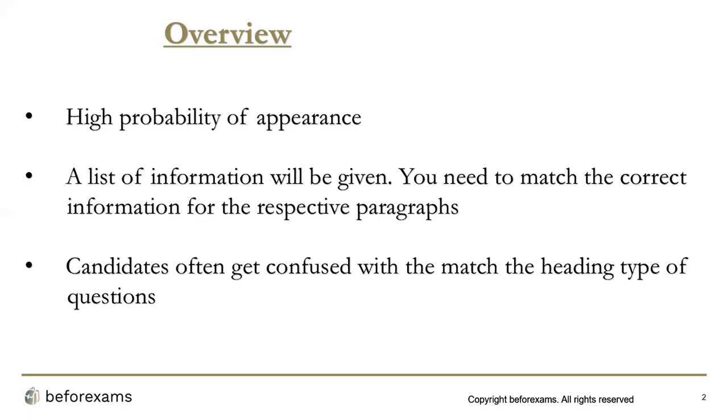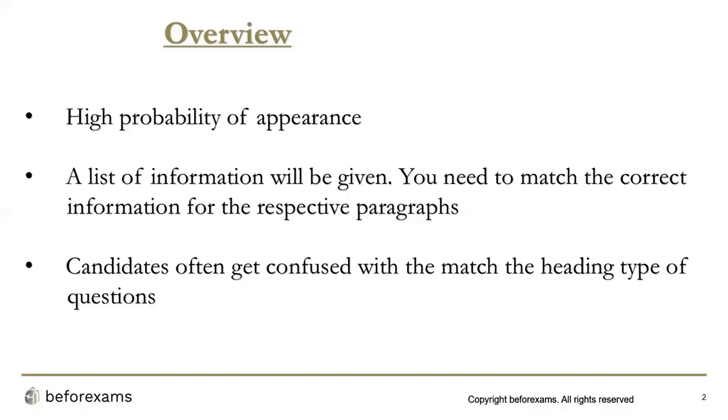If we'll be doing heading or summary kind of questions, then we'll be looking at the main idea, that is the eating habits of the lion. But in match the information questions, there could be extra information which could be asked, like they can ask about the food that the lion likes. It could be information from a single line, that the lion likes to eat deer, which is its favorite food.